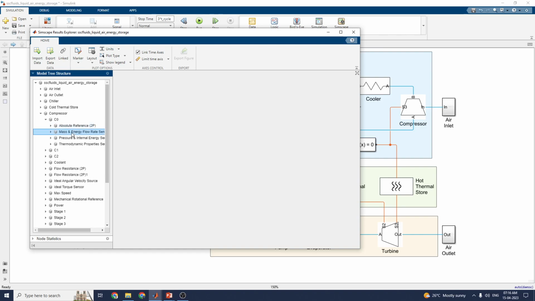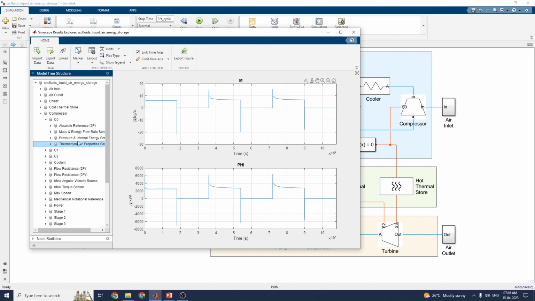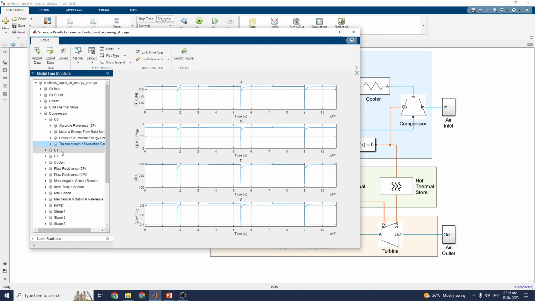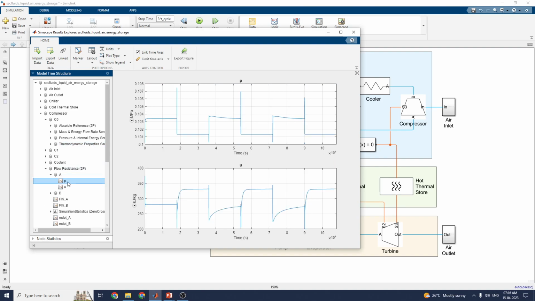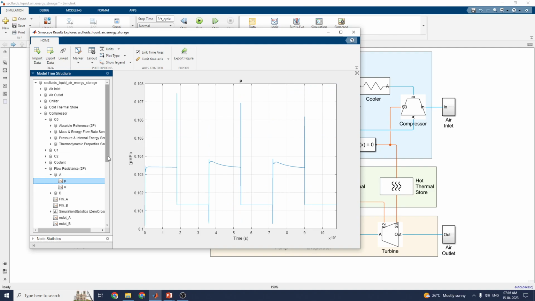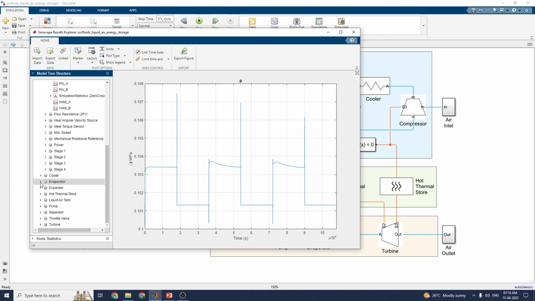There is an absolute difference in mass energy flow rate. It takes some more time to respond. In this way you can get the output of each and every particular block. This is an interactive application, the Simscape Results Explorer.